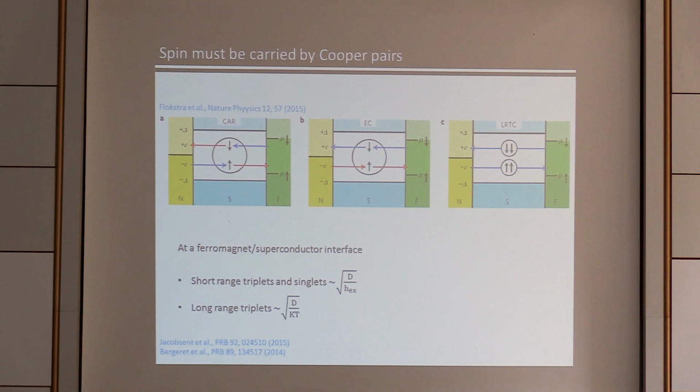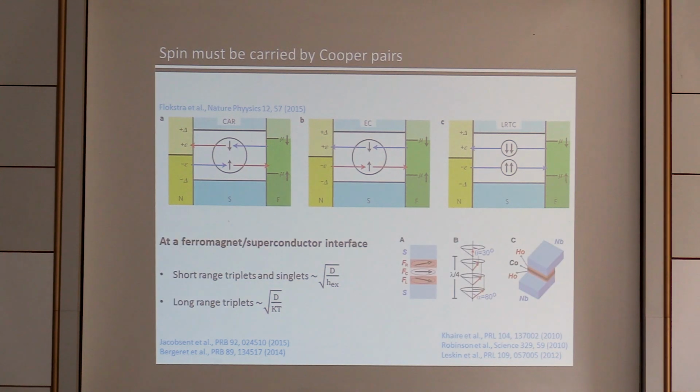Now, the way in which Cooper pairs in a triplet state with zero spin projection have been rotated to a non-zero spin projection experimentally has been to create a region between the homogeneous ferromagnet and the superconductor in which there is a non-homogeneous exchange field.